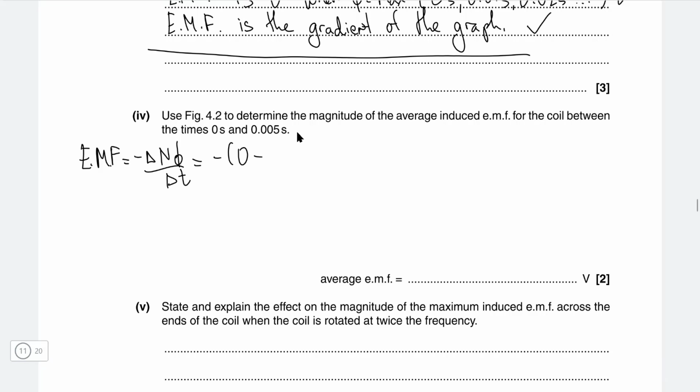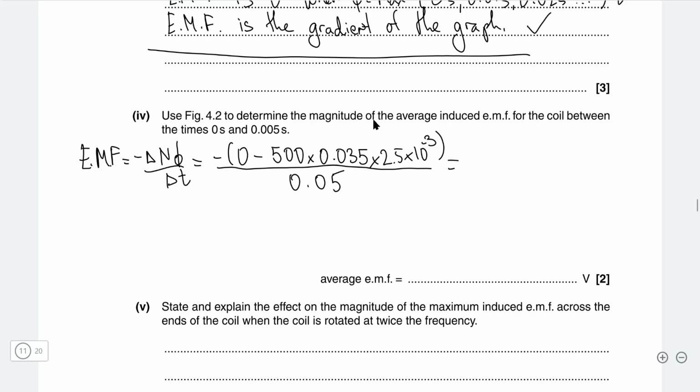I'm going to take the maximum one, which is just going to be N, which is 500, multiplied by BA cos theta. So what is that going to be? 0.035 Tesla multiplied by 2.5 times 10 to the power of minus 3. I'm going to divide that by delta t, which in this case is just 0.005. If we put that into a calculator, the two minus signs are going to cancel, and this should give us 8.75 volts.